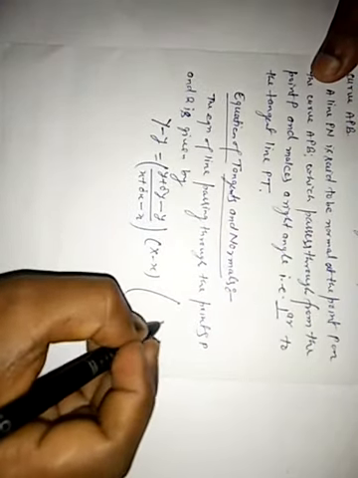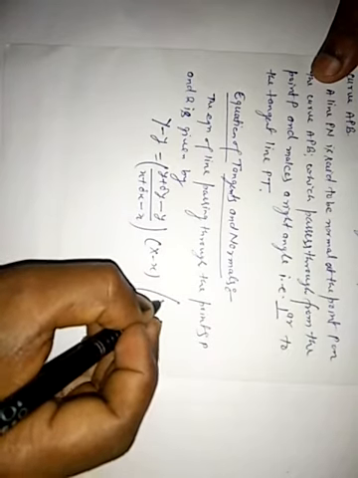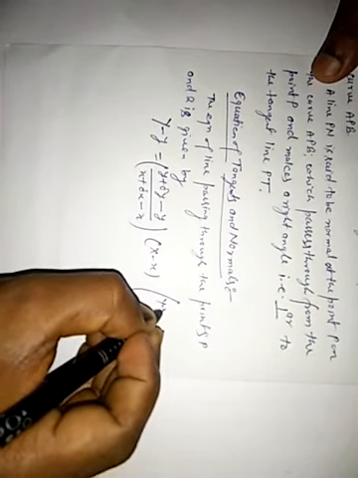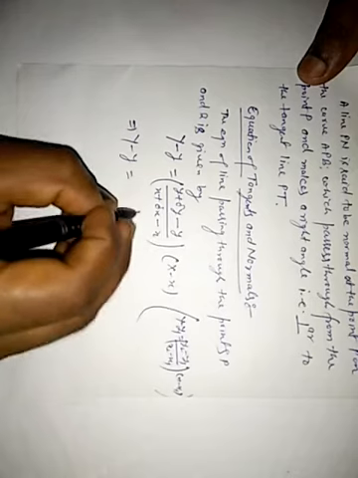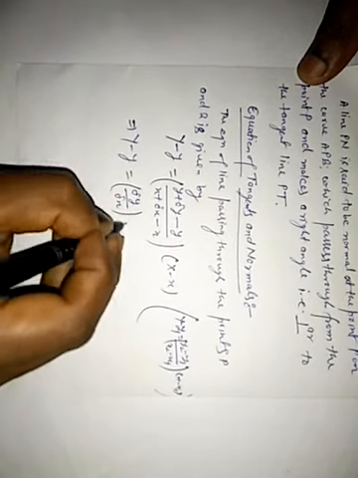Why? Because we know that y minus y1 is equal to (y2 minus y1) upon (x2 minus x1) into (x minus x1) is the equation of a line passing through the point (x1, y1). Which implies that Y minus y is equal to delta y upon delta x into (X minus x).